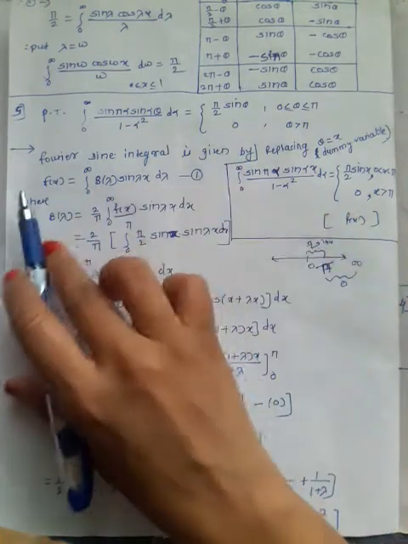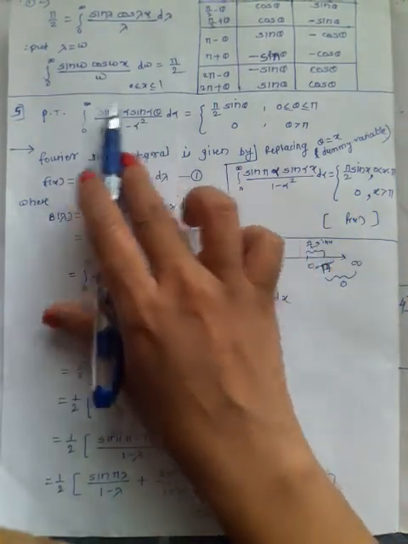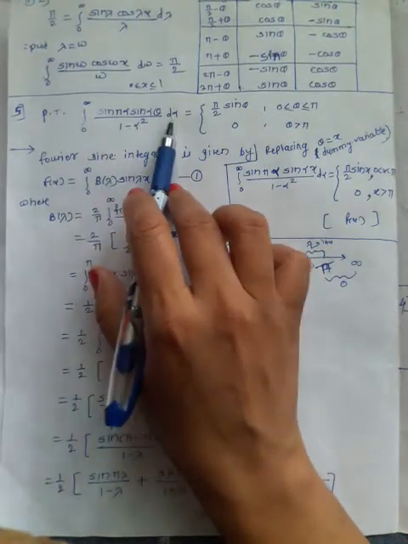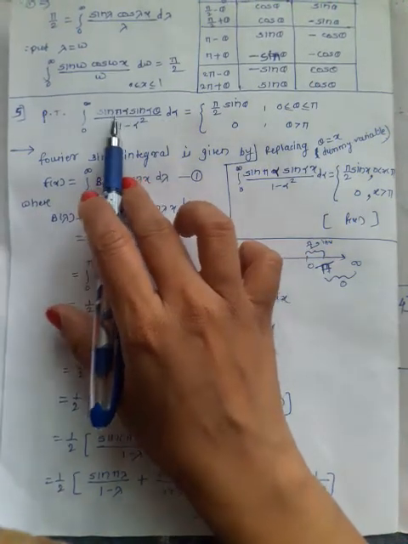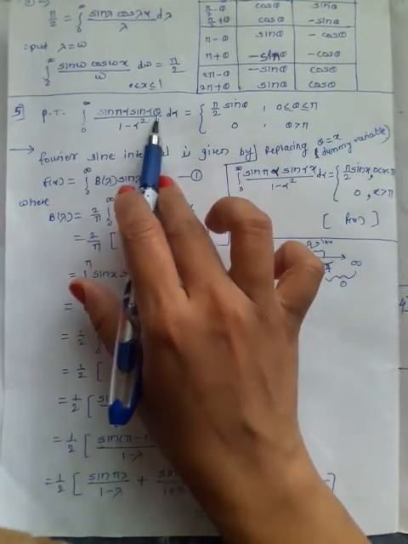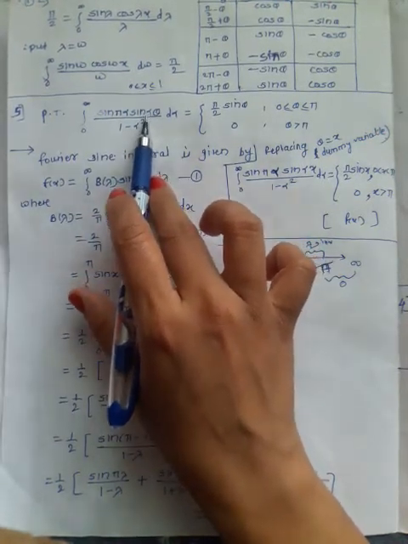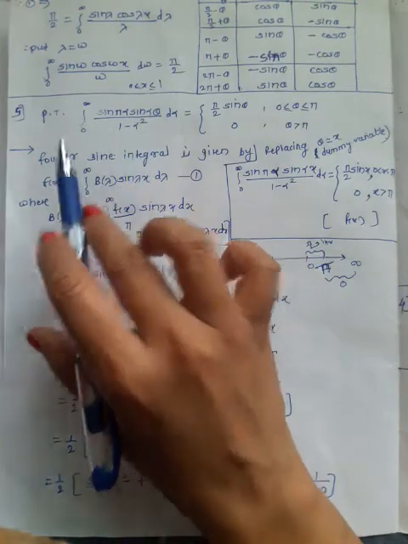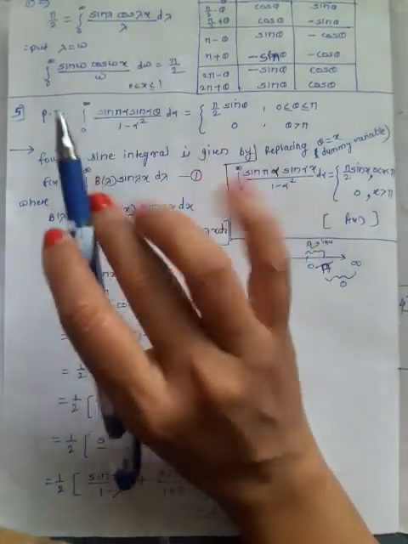Now, if you observe, this integration is with respect to alpha. Here pi is a constant, and except alpha, theta is present in this trigonometric term. That's why we have to use the Fourier sine integral formula here.